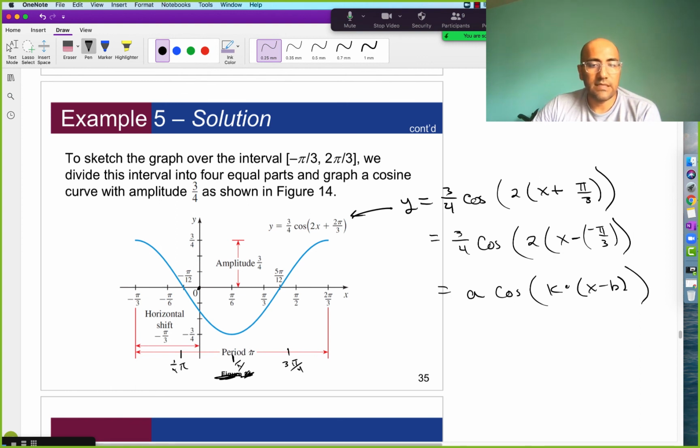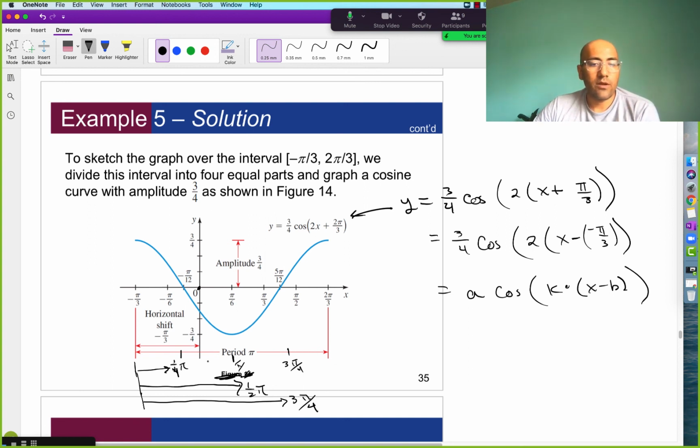So the distance from here to there should be 1/4 pi. The distance from here to there should be half a pi. And the distance from here to there is 3/4 pi. 3 pi over 4. Good.